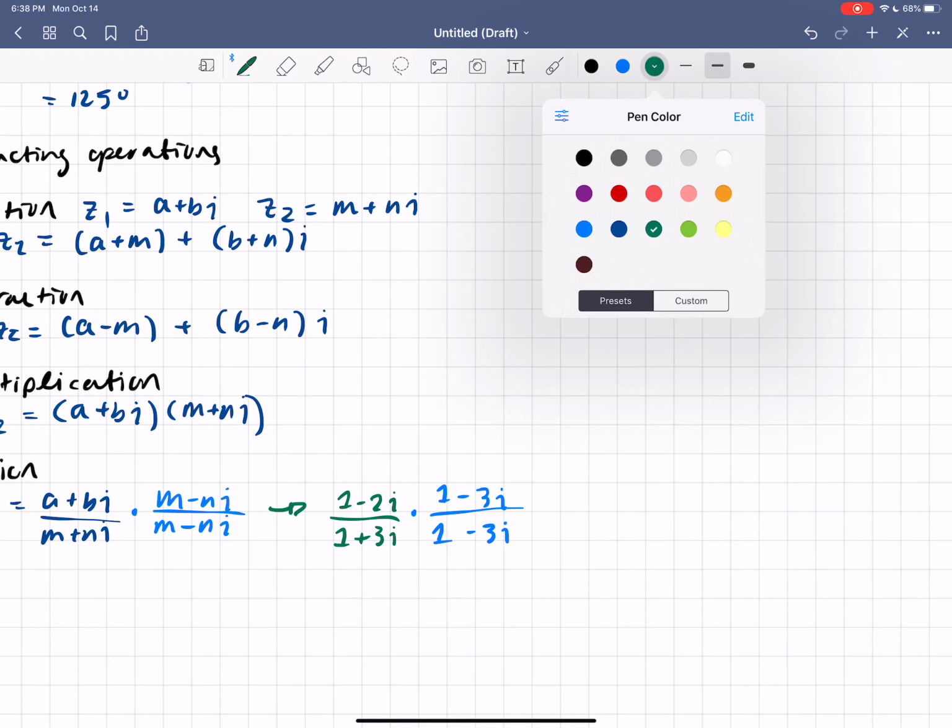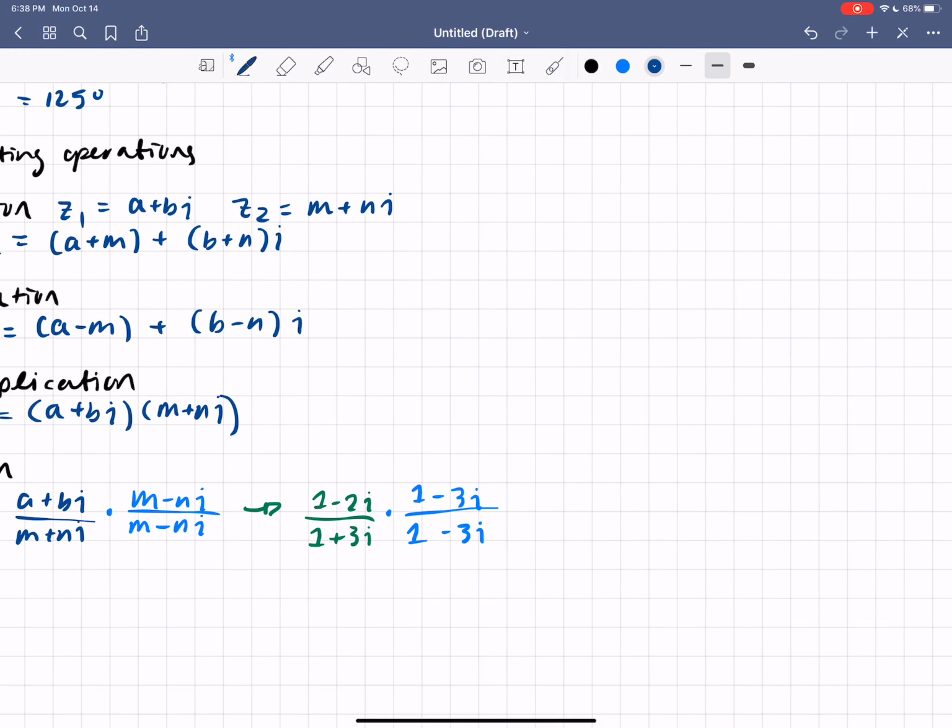And then that is equal to, for the bottom, remember, the product of a number and its conjugate. If we called this a and we called this b, and b is just the conjugate of a, then our answer is simply a squared minus b squared.